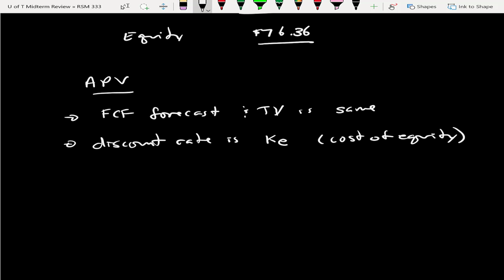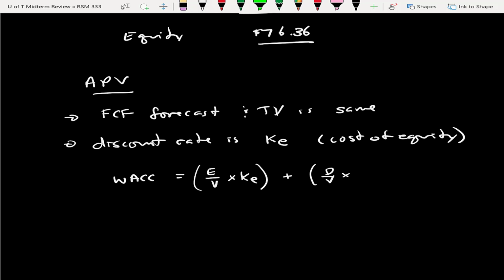Now how do we calculate cost of equity? Normally we will be given WACC, and we're going to use this formula here. WACC is the portion which you would have seen from the previous chapters. The portion you have in equity as a part of the company times the cost of equity, plus the portion you have in debt times the cost of debt.